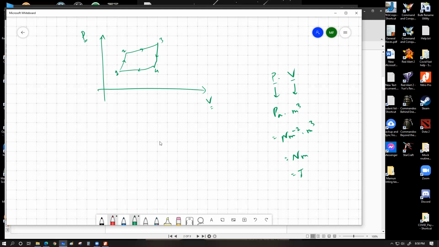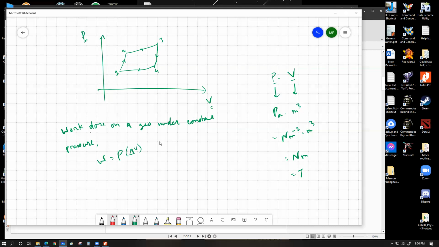The mathematical formula that is often used for your syllabus is that work done on a gas under constant pressure is given by P into delta V. So I can write this as W equals P into delta V. Now, one thing that you need to understand, this is a very basic mathematical expression.